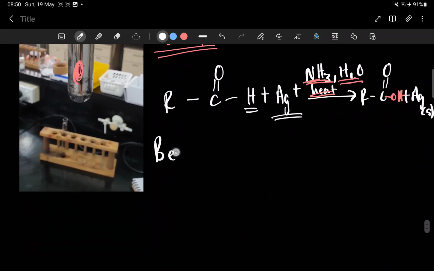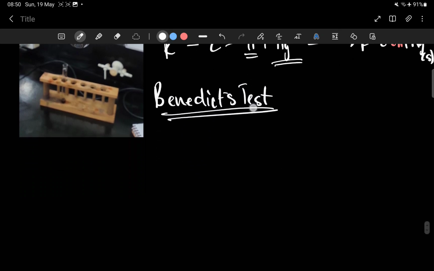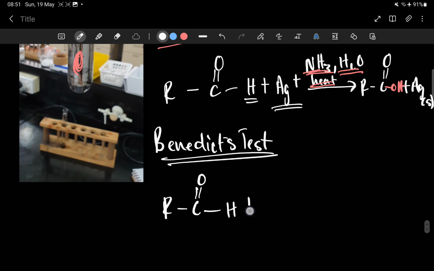What about Benedict? In Benedict's test, you have copper 2 plus being reduced to copper plus. Okay, so here's the thing. We have the same thing, aldehyde. We don't care about the aldehyde. We know what's going to happen to him. He's going to become a carboxylic acid, right? But what we care about is who else is there?